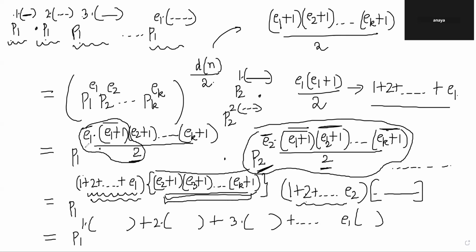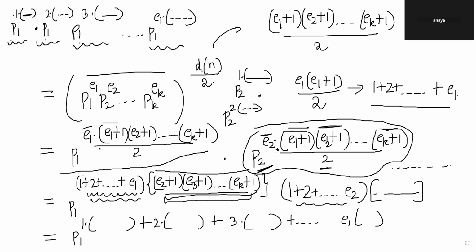So what we are understanding now is how n power dn by 2 became the product of divisors. We wrote n, we wrote dn by 2, we wrote the expression for dn, then we multiplied the powers, and we got something like this. Then we saw that E1 into E1 plus 1 by 2 can be split as 1 plus 2 plus 3 till E1.